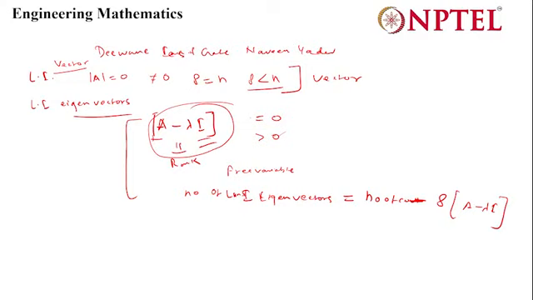But when we consider whether our system is homogeneous or non-homogeneous, when we are trying to look at what will be the solution of this system, I don't know why this is coming here in linear independent and dependent vectors. When you're solving a system, this is the equation, this is the system.